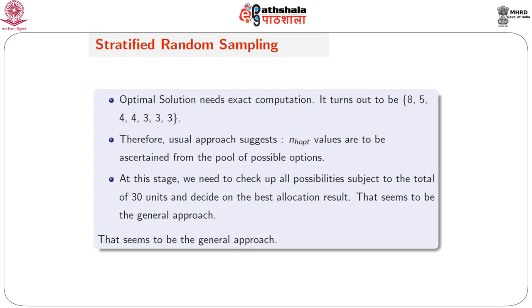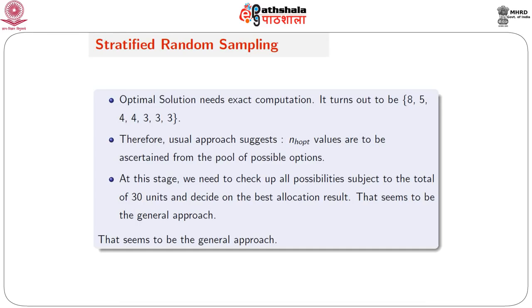So the optimal solution needs exact computation, and it turns out to be 8, 5, 4, 4, 3, 3, 3. Out of the 4, you compare the variance expressions and you find that this is the optimal allocation. So the usual approach suggests n_h opt values to be ascertained from the pool of possible options. That is the usual approach. In this example, we had 4 options.